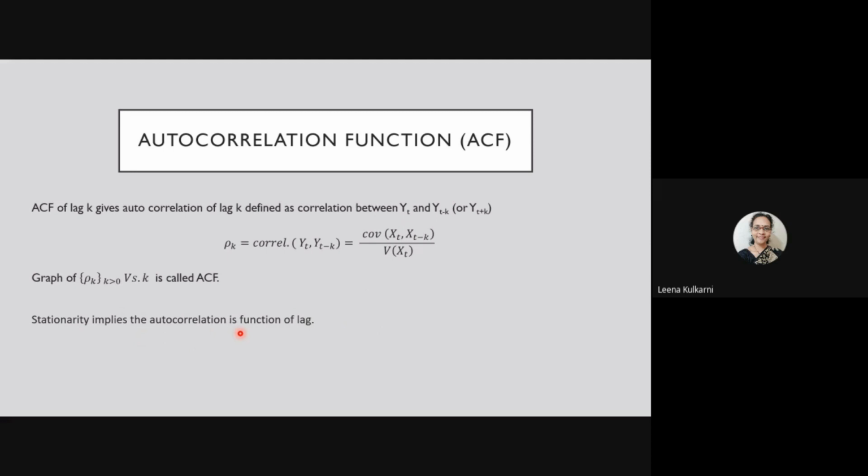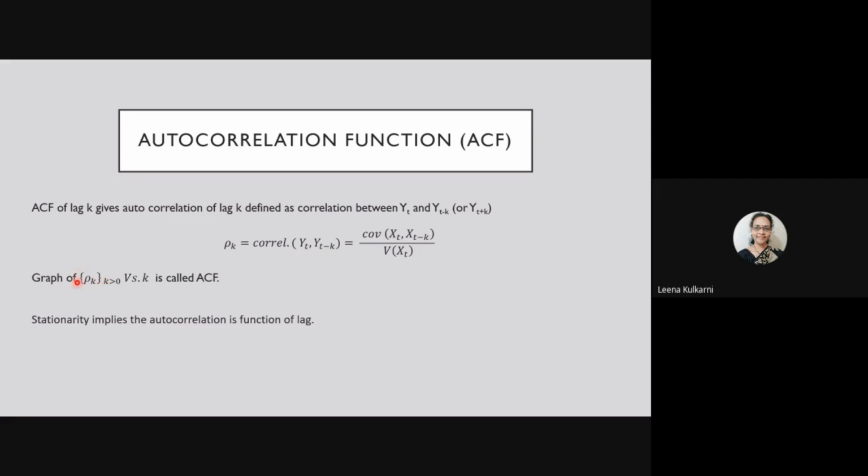Okay, and the autocorrelation is defined as the correlation between the same variables which are k time points apart from each other. So this k time points apart is called the lag k. So rho k is the correlation of yt and yt minus k.